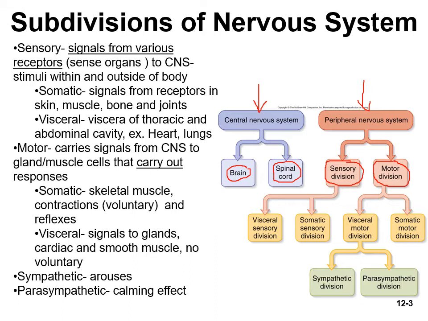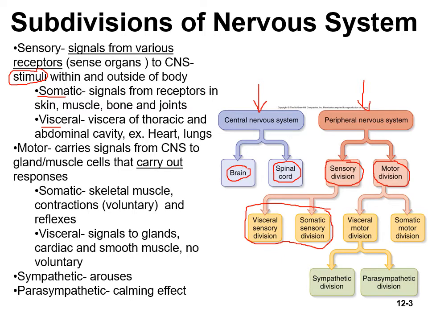So here's how it's going to work. Your sensory division, the one that's receiving stimuli, is going to be divided into a somatic and a visceral sensory division. You can see it right here. Visceral sensory division and somatic sensory division.